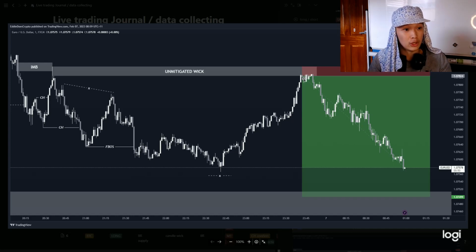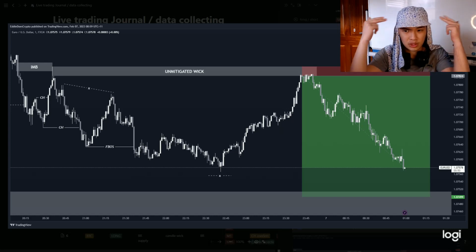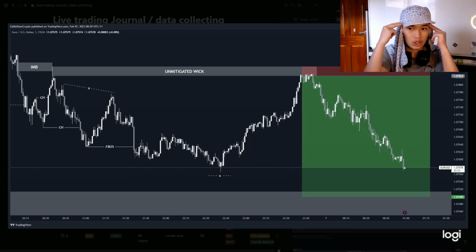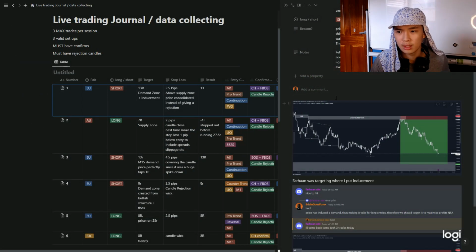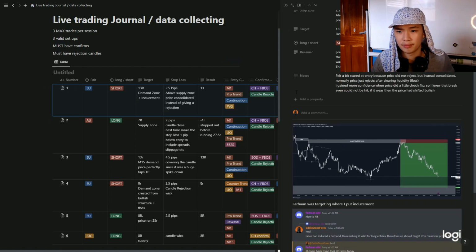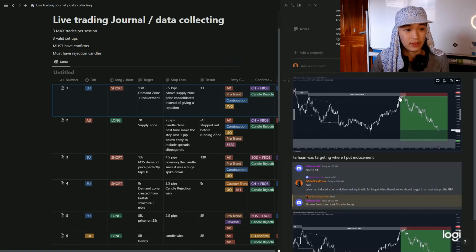It closed below, I took the trade, and stop loss was a bit higher because I'm not gonna put my stop loss at 0.2 pips. It doesn't make sense. Sometimes you just gotta look at it and be rational about it, yeah? So I put my stop loss just above the high of the zone. So that was my confirmation, yeah? The candlestick close was my last confirmation.